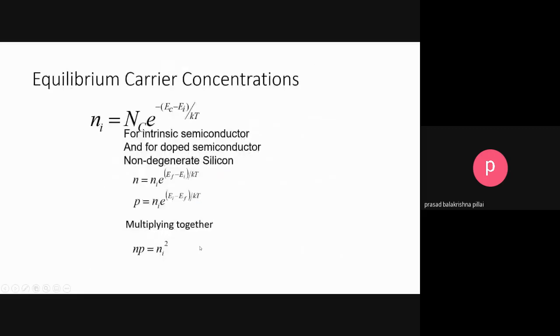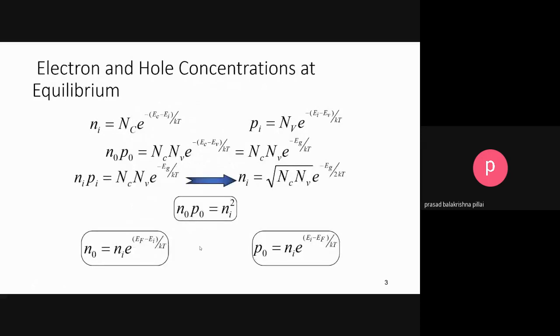Now, one thing we have to understand: in all these cases we are talking of the equilibrium carrier concentration, whether it is the intrinsic case or the extrinsic case. The Fermi distribution gives the equilibrium carrier concentration. Very often, later on when we deal with devices, we will be invoking a non-equilibrium case also, where the carrier concentration deviates from the equilibrium value.